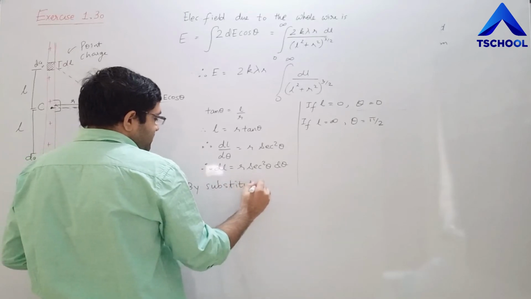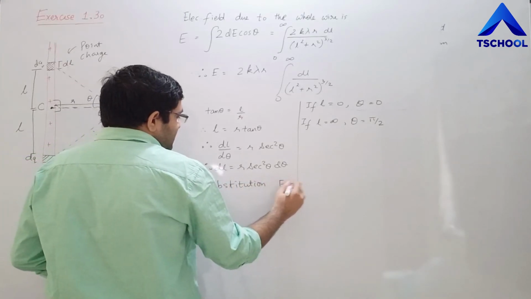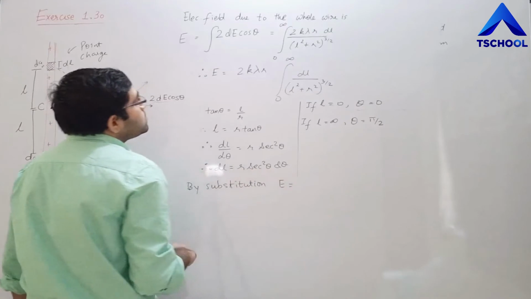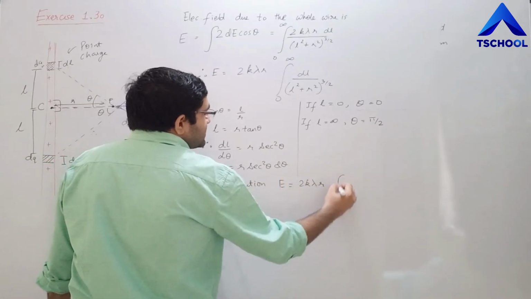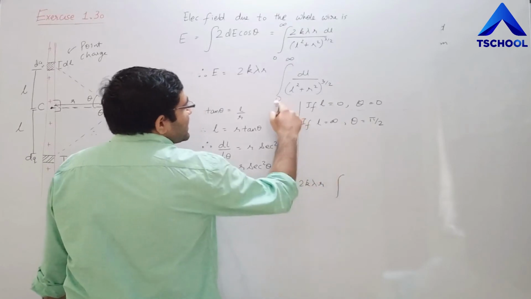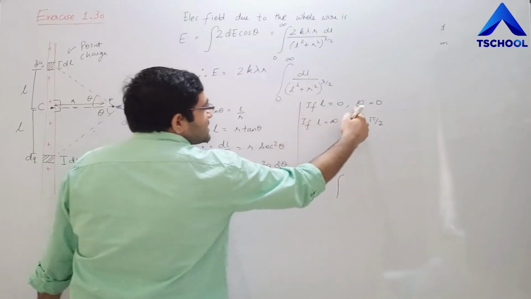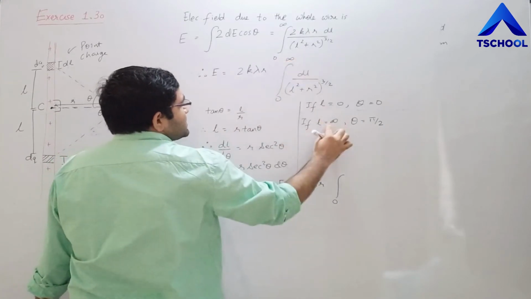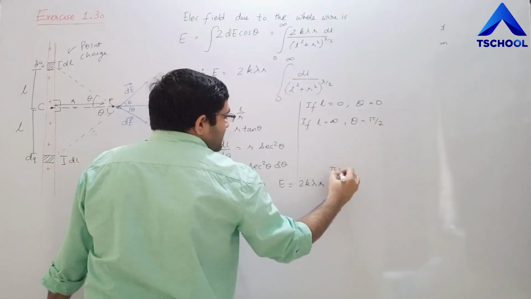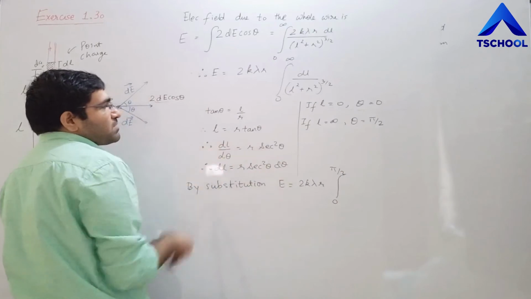of all this information, I get electric field at P is equal to 2k lambda r integration of, where L is 0, I have to put theta is 0, that is 0. Where L is infinite, I have to put theta is pi by 2, that is the upper limit. So 0 to pi by 2.